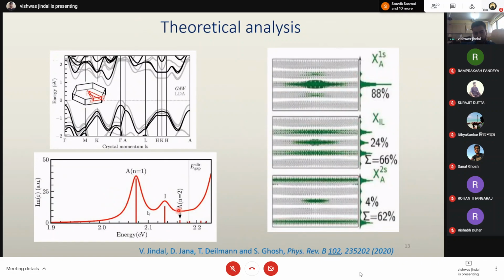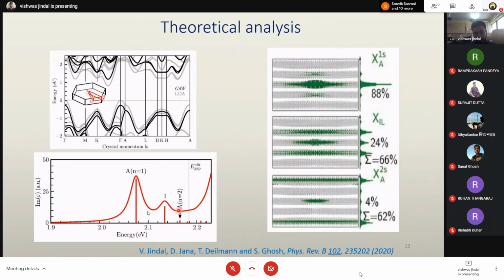Here also the calculated spectrum depends heavily on the size of the mesh you are using, and it can deviate, but this is done with a reasonably sized mesh, and you see these three features come up.